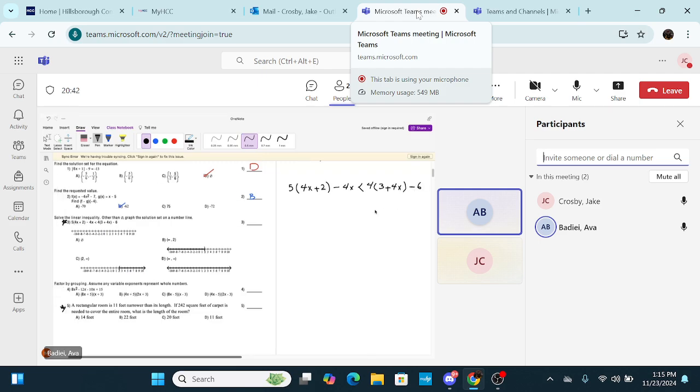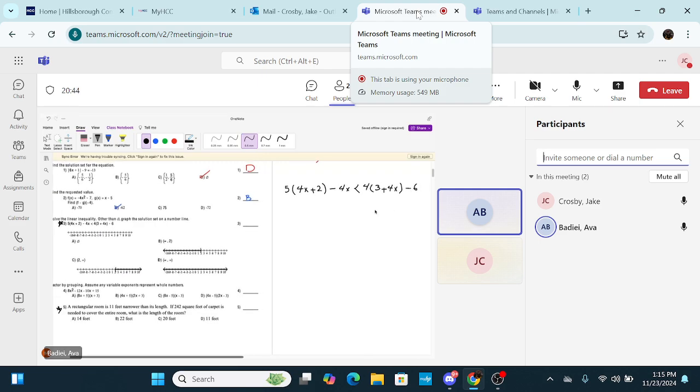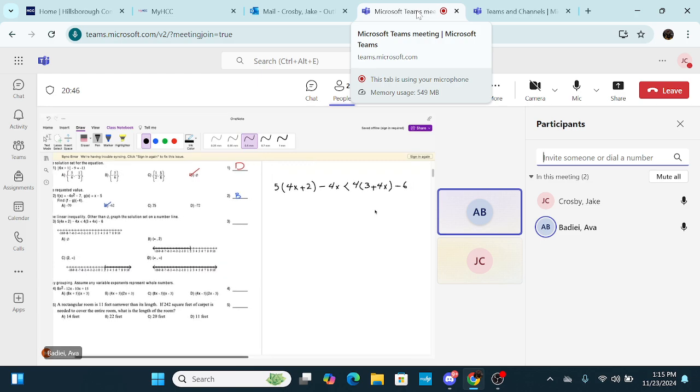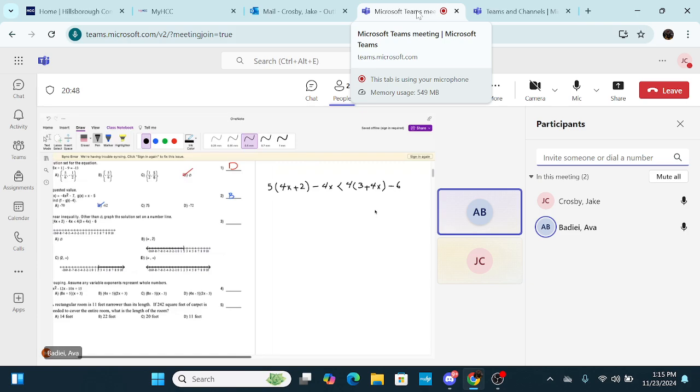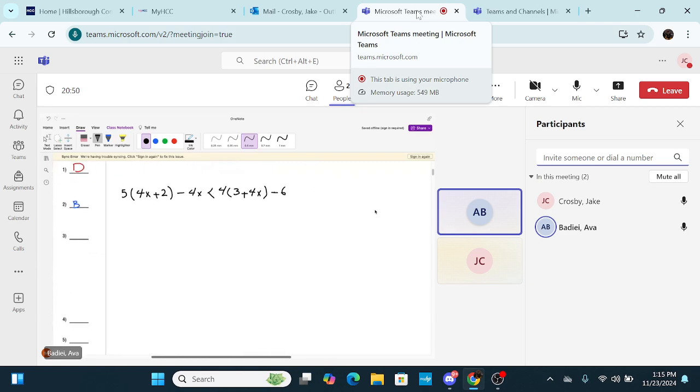All right, so 5 times 4x plus 2 minus 4x is less than 4 times 3 plus 4x minus 6. Okay, so how do you think we can solve this inequality?